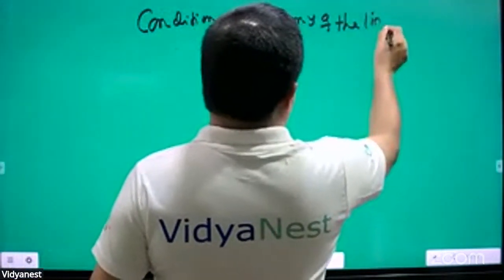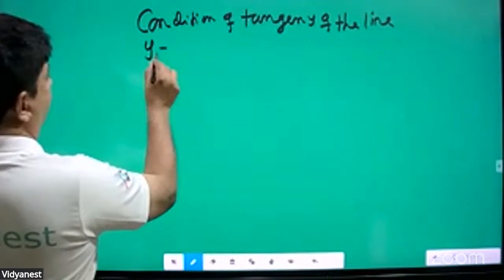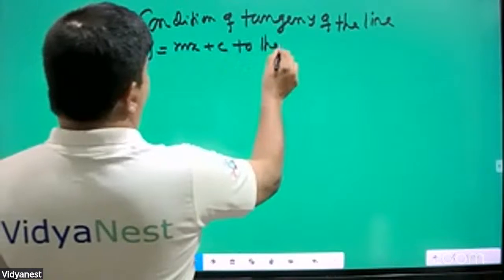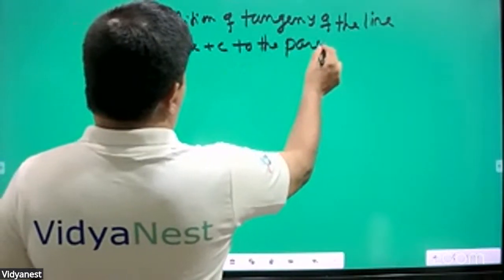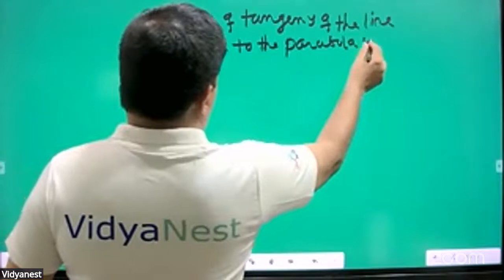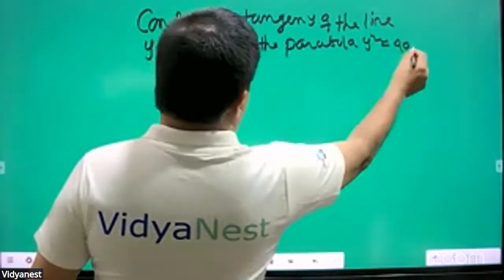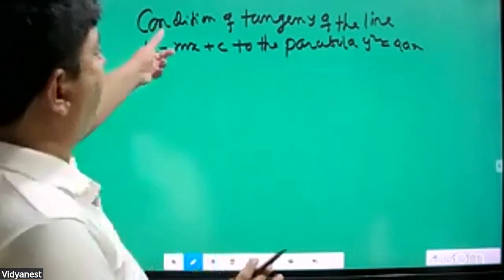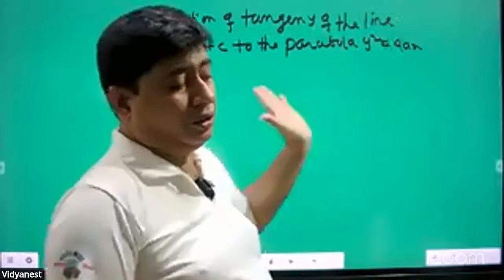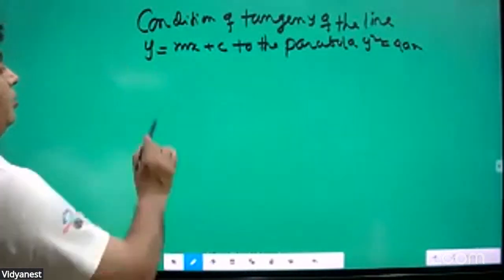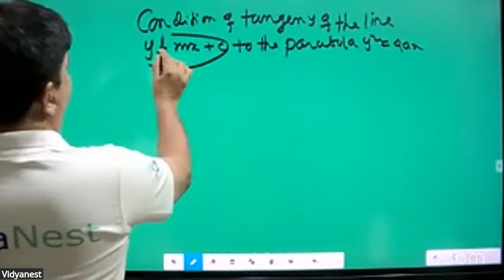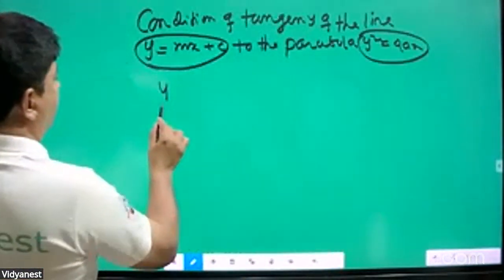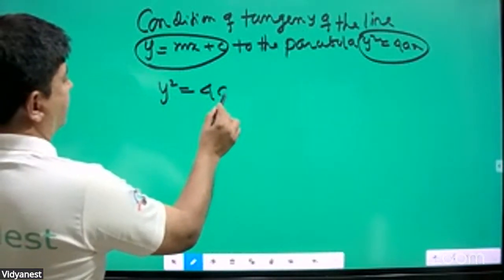Condition of tangency of the line y is equal to mx plus c to the parabola y square is equal to 4x. At the beginning, we don't know whether the line will touch this curve or not. So we'll find a quadratic equation using these two. y square is equal to 4x.